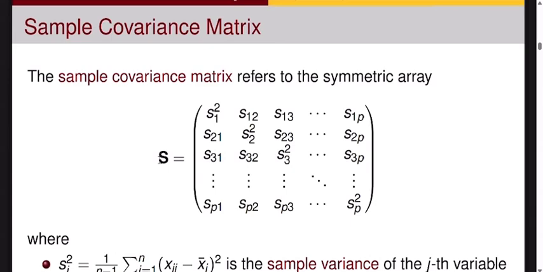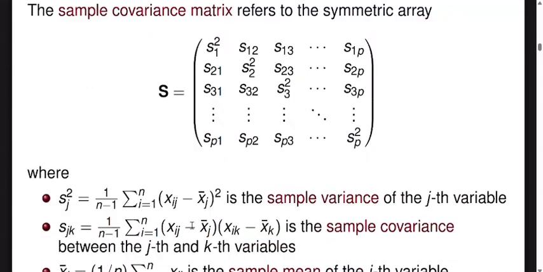Which means the elements in this sample covariance are computed with the formula divided by n minus 1. But if you see this, that would be the MLE covariance. The MLE covariance is different from the sample covariance. The MLE covariance is 1 divided by n instead of n minus 1.